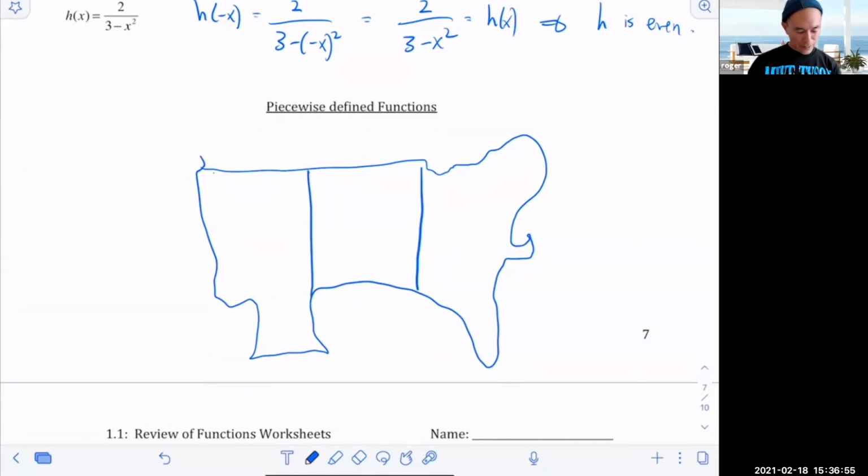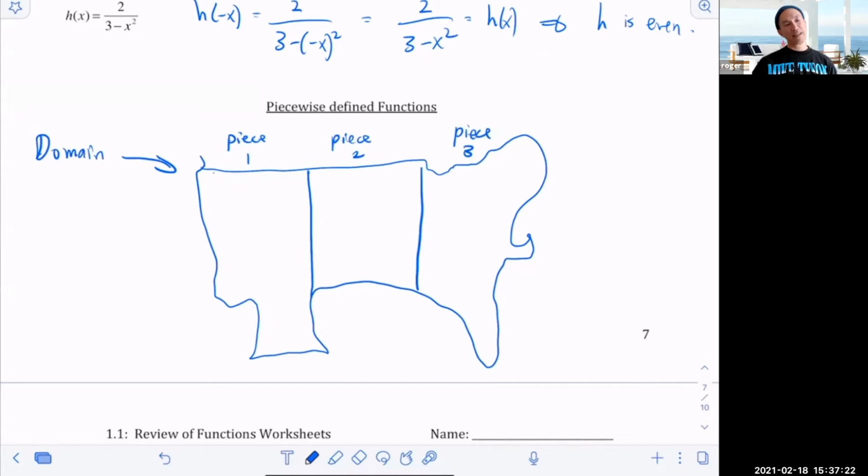So basically, what this is supposed to represent is a domain, the entire US. But your domain, we're chopping it up into 3 different pieces. So you got piece 1, piece 2, and then piece 3.